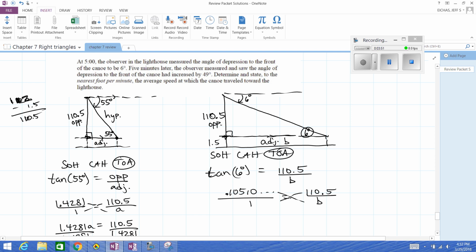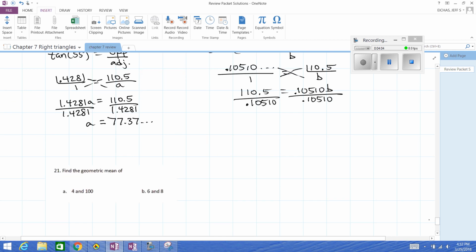And now we're going to cross multiply to get 110.5 equals 0.10510B. Divide by that, and I get 1,051.337. Okay.